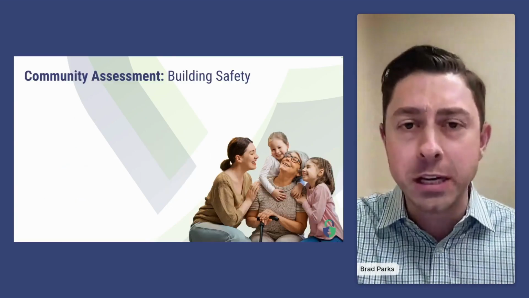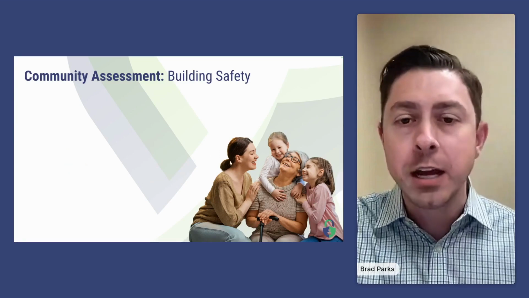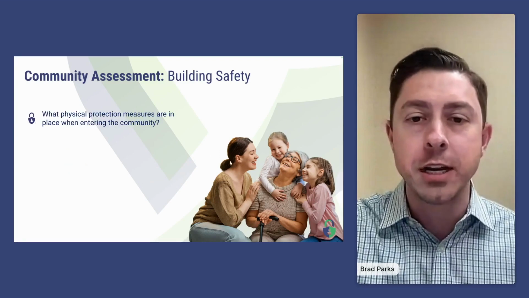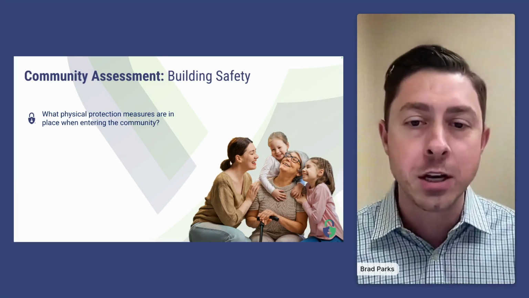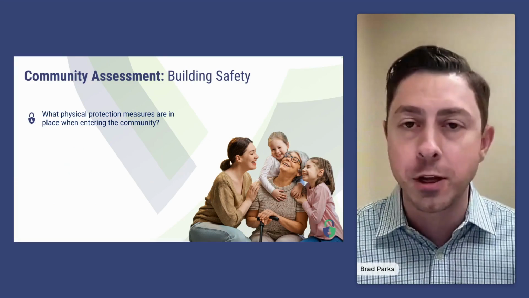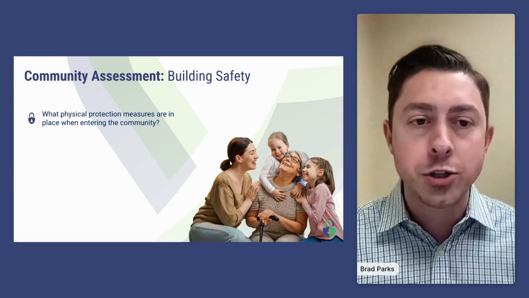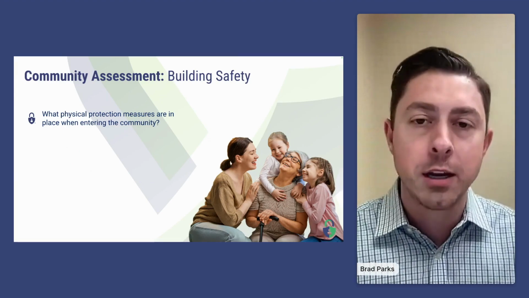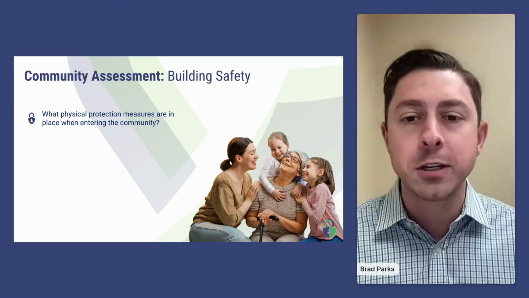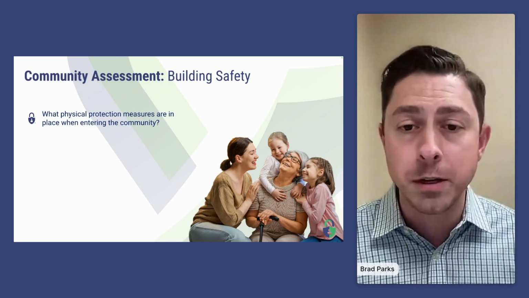What we're going to begin with in that community assessment is building safety. So the first question that we want to answer is, what physical protection measures are in place when entering your community? If you think about your current setup, from exterior to interior, what that safety and security looks like, for example, how many exterior entrances are on campus?